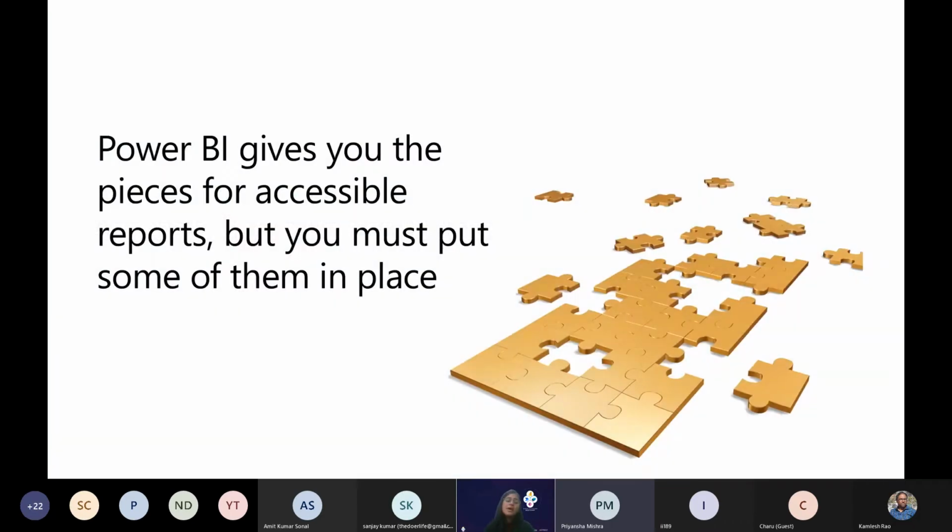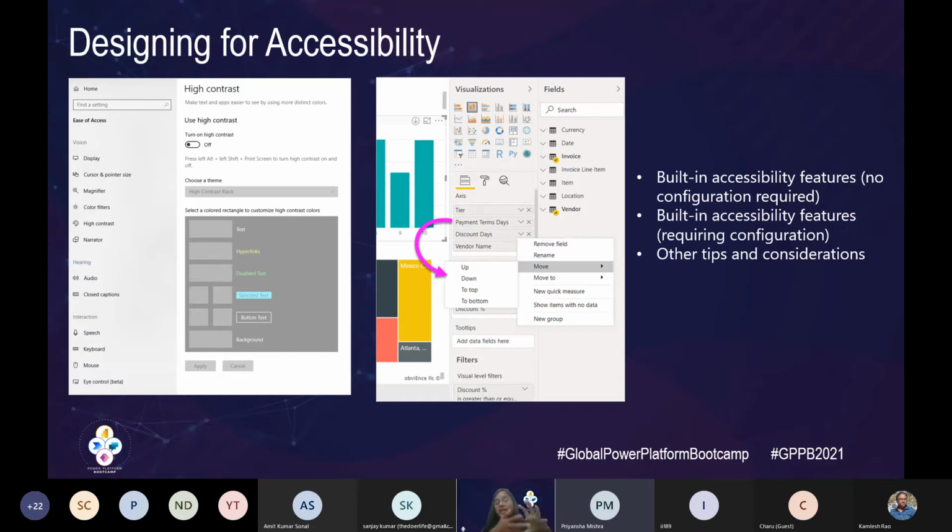So Power BI is really giving you all of the pieces for accessible reports, but you must put some of them in place, right? So by that, what I mean is when we're designing for accessibility in Power BI, we can really segment this into three parts of accessibility features. Some of them are built-in accessibility features that really require no configuration.